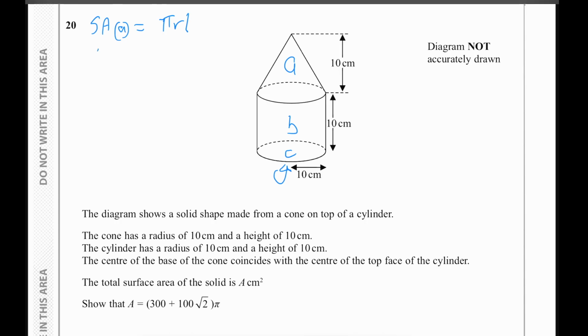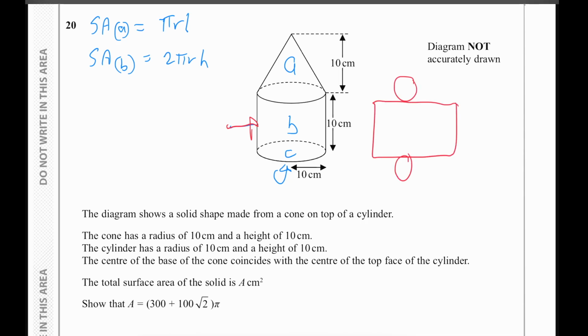And surface area of B is 2 pi r H, and that's actually just working off the fact that when the net of a cone is unrolled, it looks like that. So the area, this section here, is a combination of this height multiplied by this length here, which is the circumference of my cone.